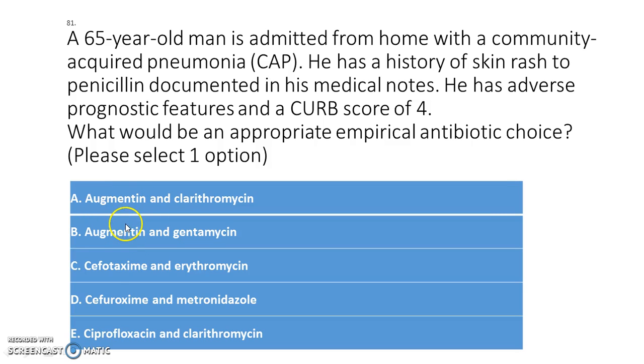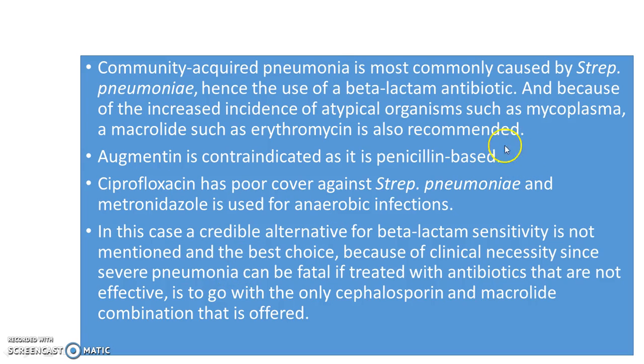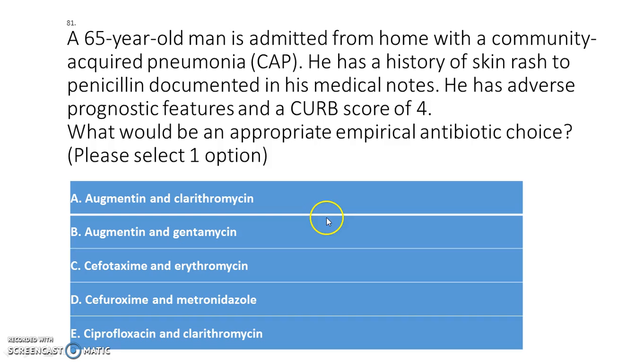And we have mentioned that we would like to give a beta-lactam and also a macrolide. Macrolide is the cover for atypical organisms such as mycoplasma. And ciprofloxacin has poor cover against strep pneumoniae, and metronidazole is used for anaerobic infections. So we wouldn't take ciprofloxacin.